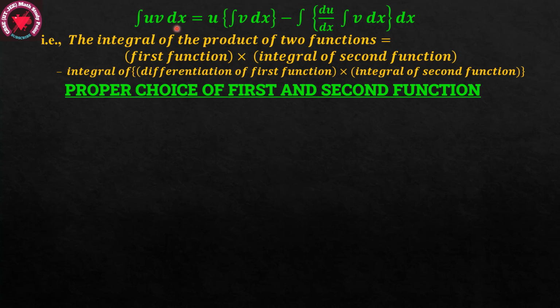In the above rule, there are two terms on RHS, and in both the terms, the integral of second term, see here, integral v dx, is involved.